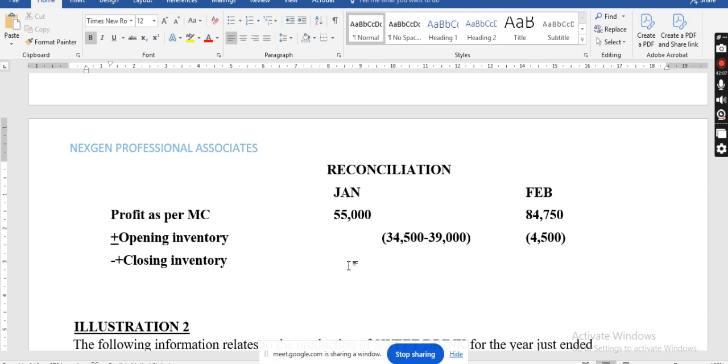If you are starting with absorption costing, if the closing inventory of marginal costing is higher than absorption costing, you subtract the difference from the profit.